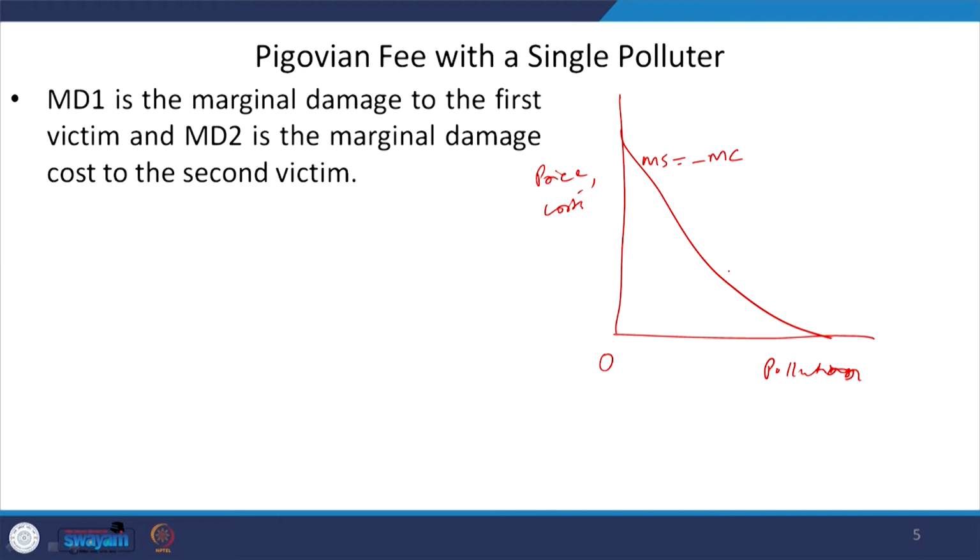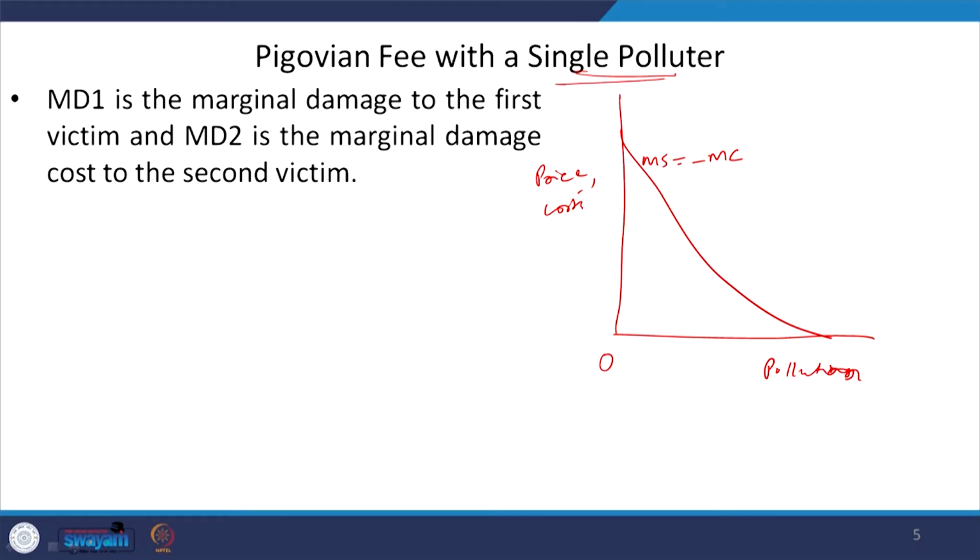Now, we are saying that a single polluter is there, right, and as a result, let us say that because of this pollution activity it is impacting and damaging two persons. That means there are 2 victims of the pollution, right.